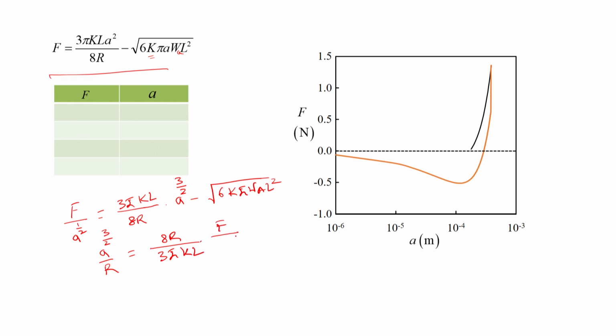and F, and R is not there, right. So, 8, F by A to the power half, and minus this, let us say it is a square root, and I take it inside. So it will be 64 here, R is here, I will not do anything with R, and here it is 9 pi K L, so K square and pi square also, all squared, into 6 K pi W A L square.